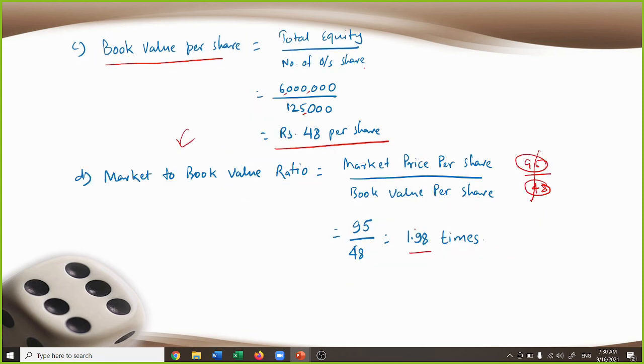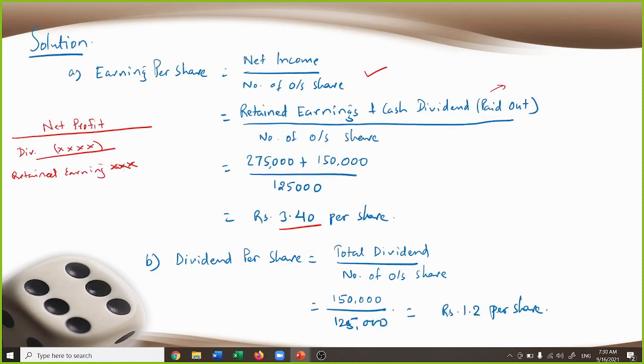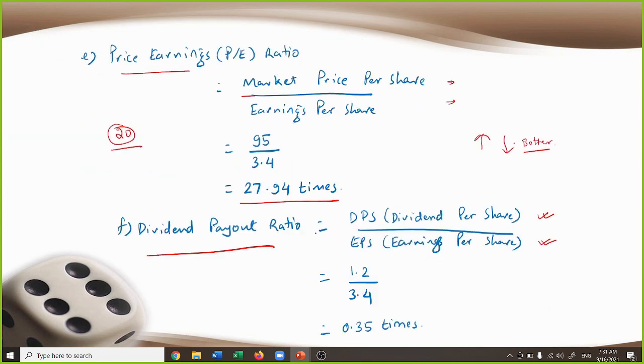We have the figure 1.2 as dividend per share, which we calculated in this question B, and earnings per share is rupees 3.4, which we have also calculated in this same question. So dividend per share by earnings per share is the dividend payout ratio, and it's 0.35 times in this question.